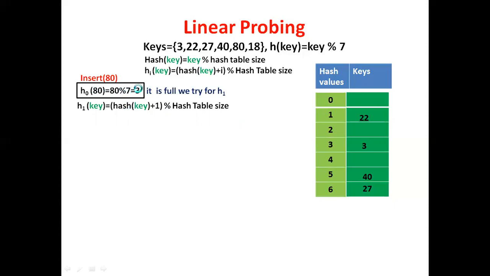What is the h0 value? 3. So 3 plus 1, 4. Otherwise, you can take the key 80, 80 plus 1, 81, 81 modulus 7 is equal to 4. Otherwise, you can take 3 also in place of 80, because h(key) is equal to 3 only. So 3 plus 1, 4 modulus 7 is equal to, the remainder is here 4.